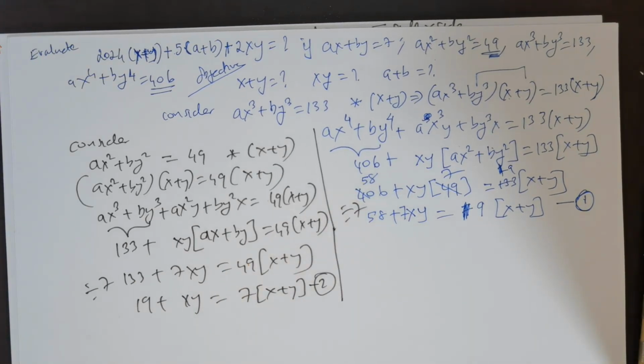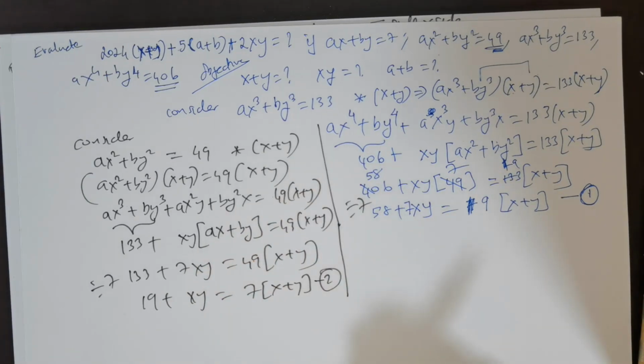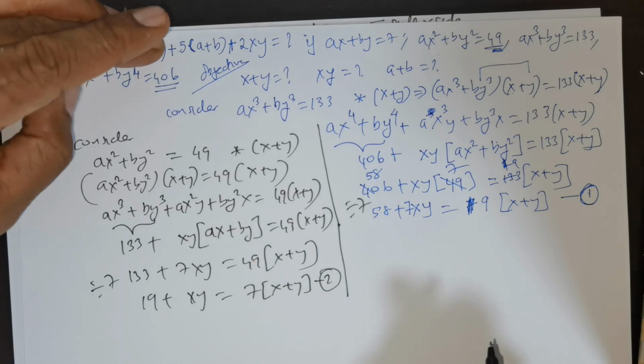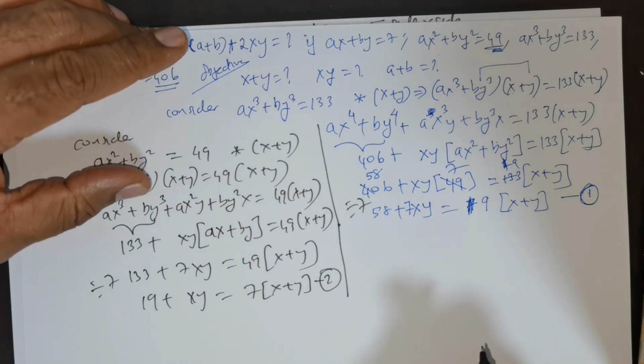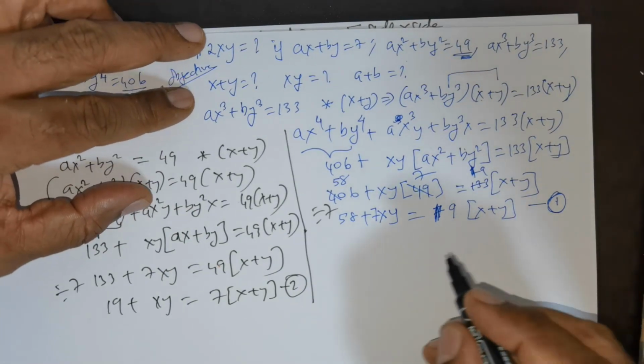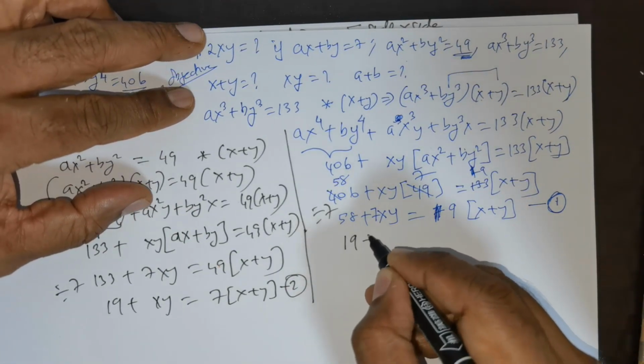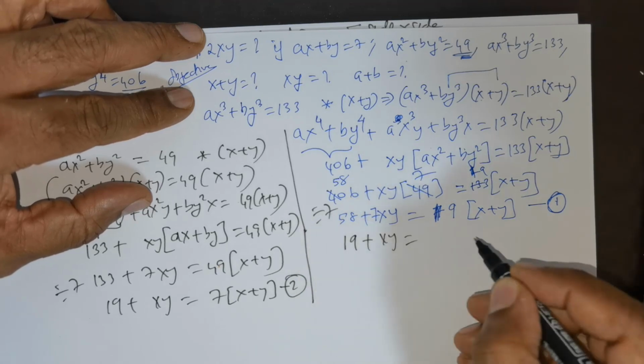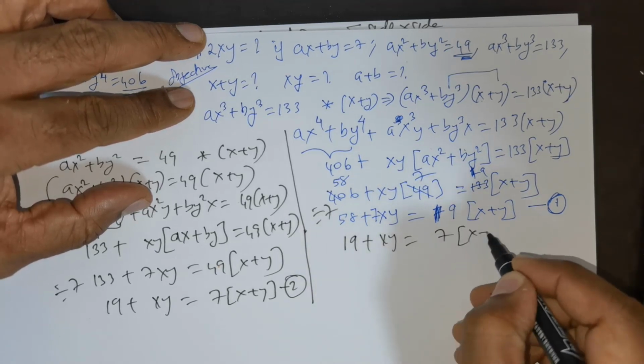Now what I wish to do is actually solve these two. So I will subtract one from the other. Let me write that down: 19 plus xy is equal to 7 times (x plus y).